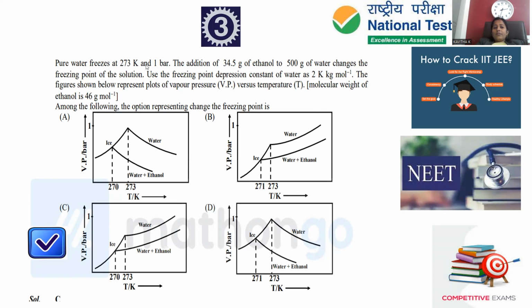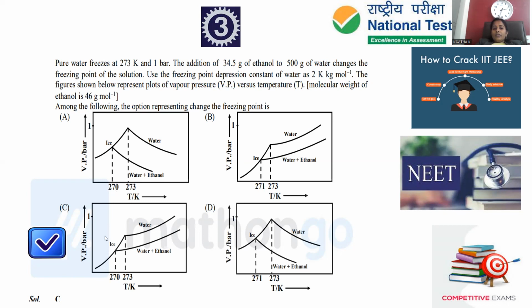With this data, which is the correct representation of the graph for the depression in the freezing point? To identify this, we have to know the fundamental graph for the depression in the freezing point, and the suitable formula to calculate the depression in the freezing point. This is the way we can go about solving the problem.